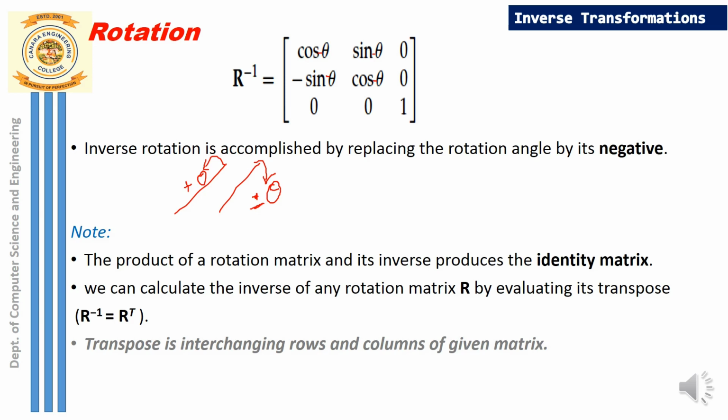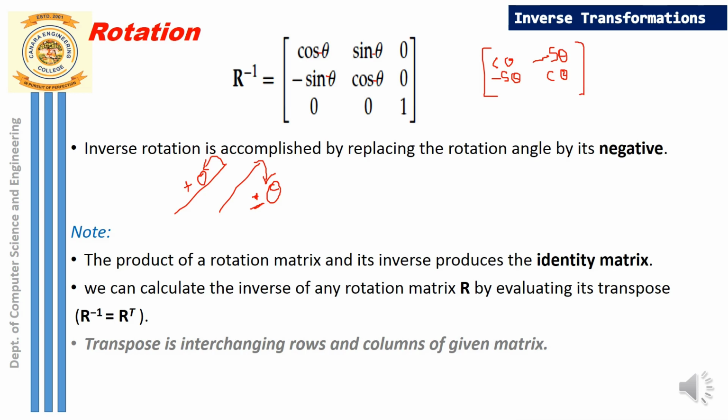So if you could recall that, it is cos theta, minus sin theta, and then here sin theta, and then plus cos theta. So this is our rotation matrix. This was our positive rotation.